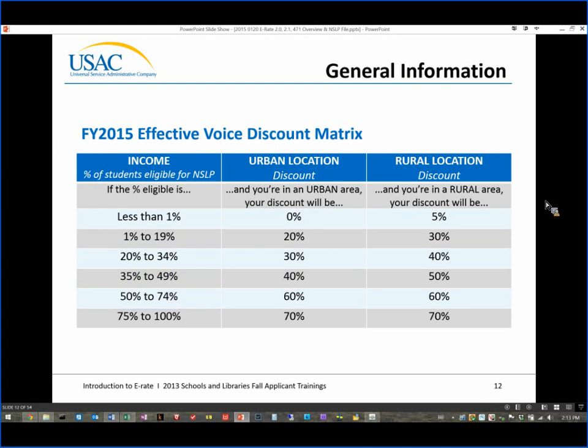What I mean by that is if you look at the effective voice discount matrix, the 90 percenters moved to 70, the 80s moved to 60. So if you dropped in a band from 80 down to 60, you effectively dropped from 80 to 40, or 50% of your discount.